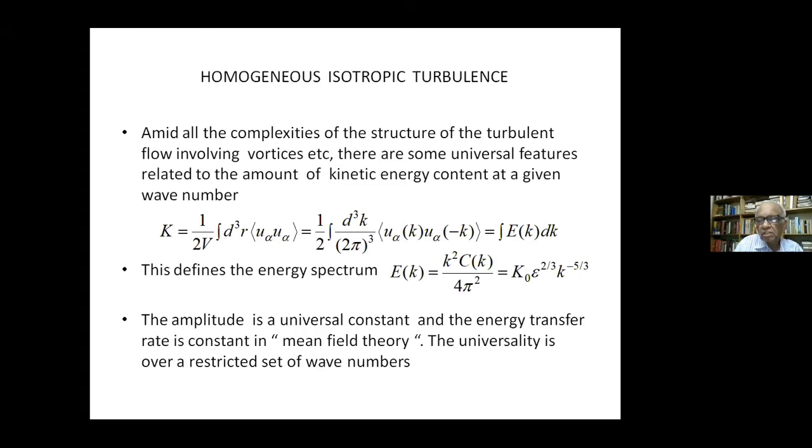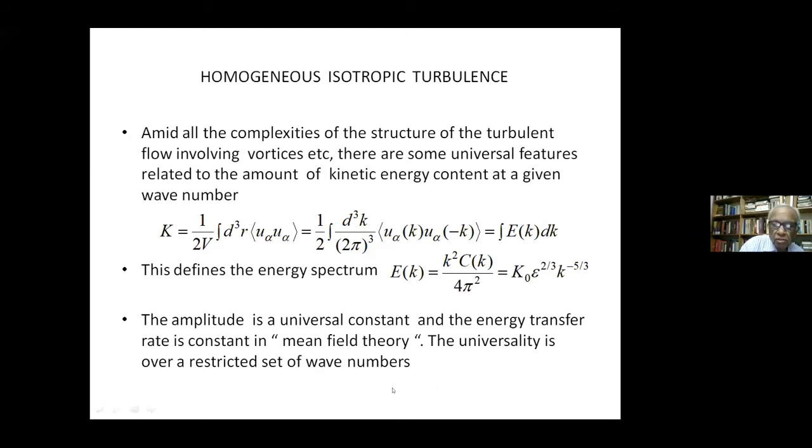Anyway, we get started with what everybody knows, that in all the complex structure of the turbulent flow, there is something which is universal and somewhat easier than others to put your hand on. This is what Kolmogorov found 80 years ago, the amount of kinetic energy stored in a small wave number range.